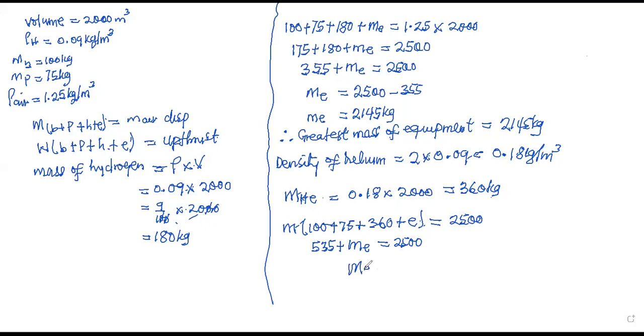Therefore, mass of equipment that can be carried would be equal to this difference, which will be equal to 1965 kilograms. So when we change the gas to helium, this will be the greatest mass of equipment that will be carried.